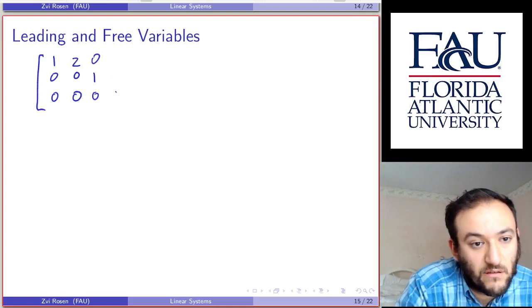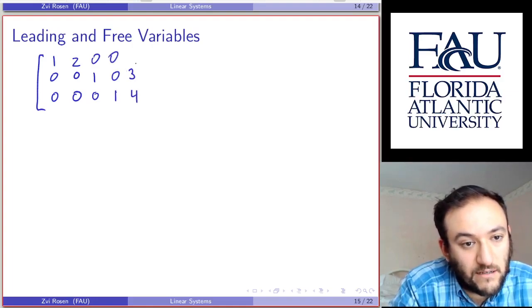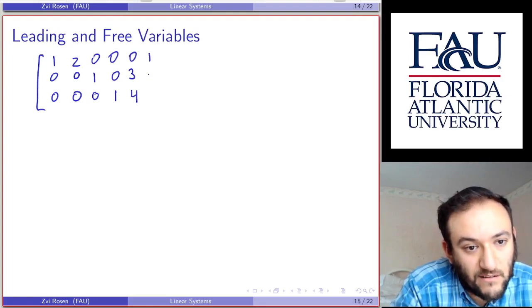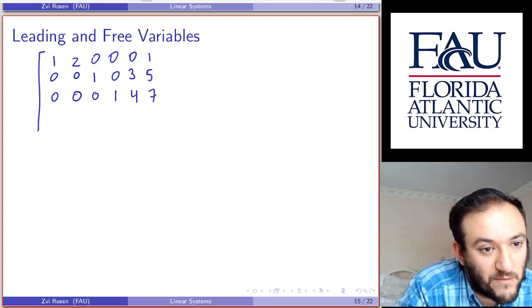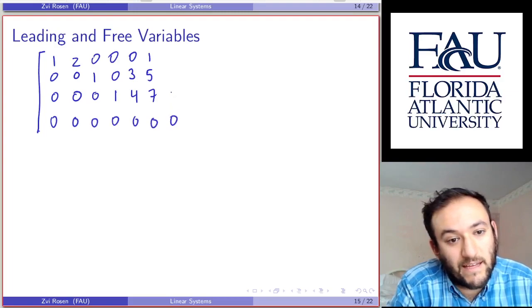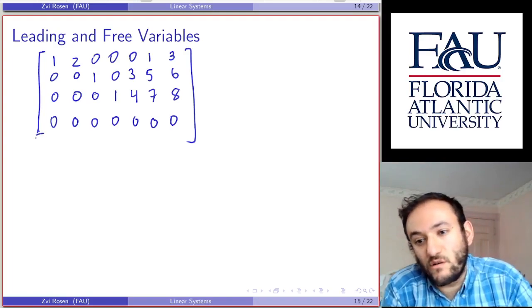Let's put a 1 here, and then a 3 here, and a 4 here, and let's put one more row. 1, 5, 7, and let's get a 0 row at the bottom. And another few entries, 3, 6, 8. Okay, beautiful.